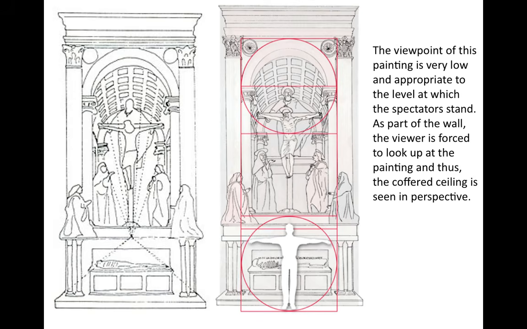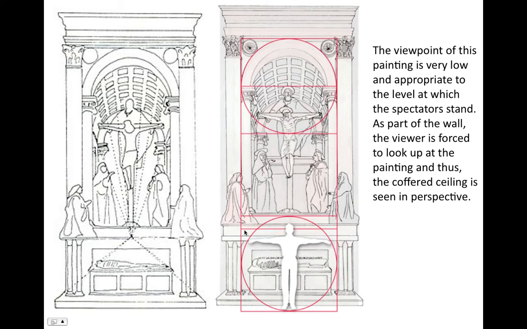And what makes this painting particularly impressive is that the horizon line in this painting actually matches with the horizon line or the eye level of the viewer. So the viewpoint of the painting is very, very low, meaning for most of the painting it appears as though you're looking up, right?